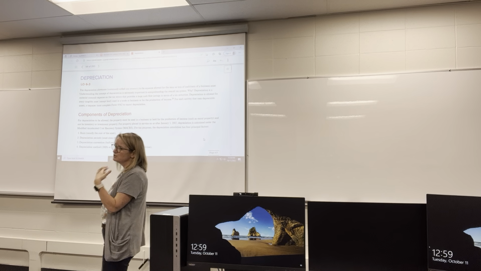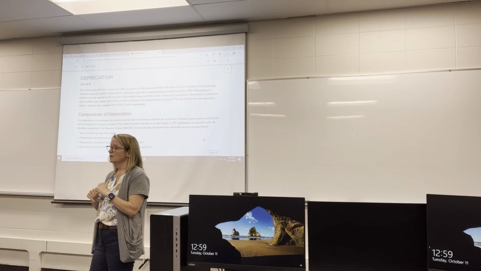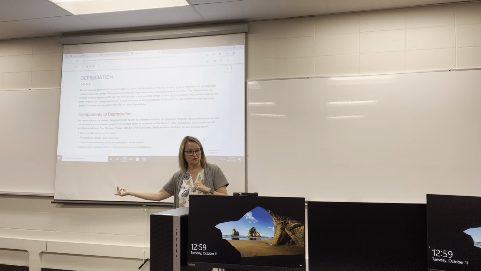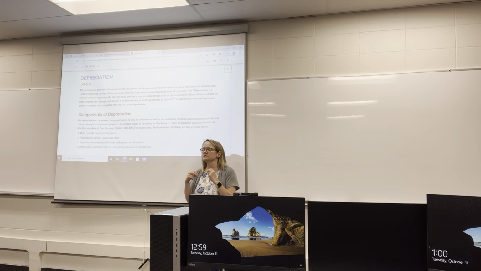Okay, so we're going to be using the tables that are in the appendix of this chapter. We're going to be using those in order to do our depreciation calculations. We use those same tables for the first year through the last year, but the last year gets a little complicated if we dispose of the asset before we've fully depreciated it.